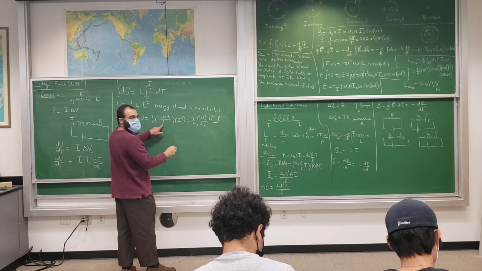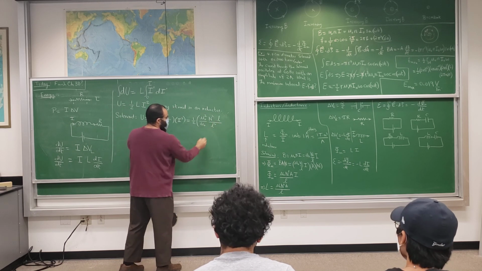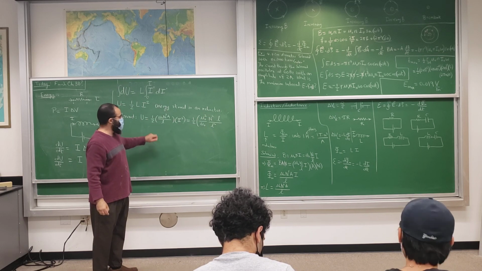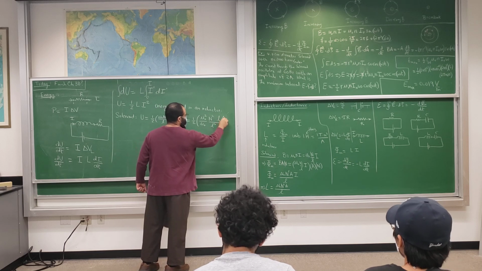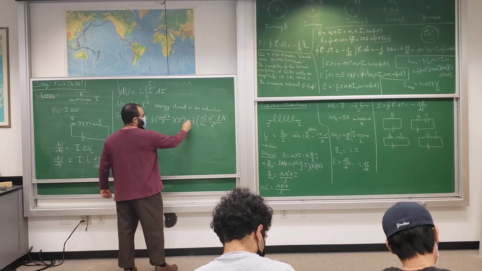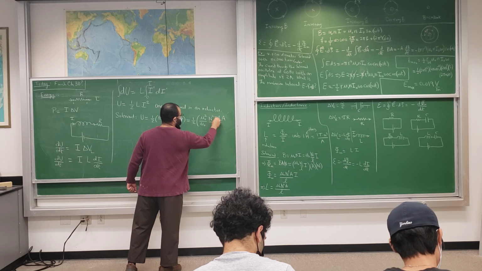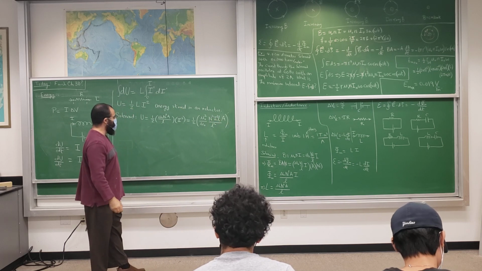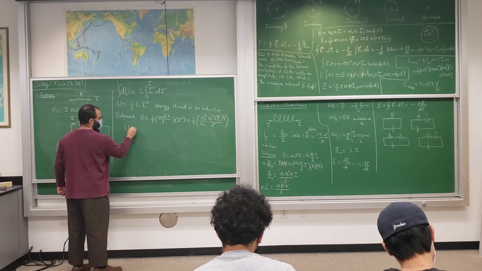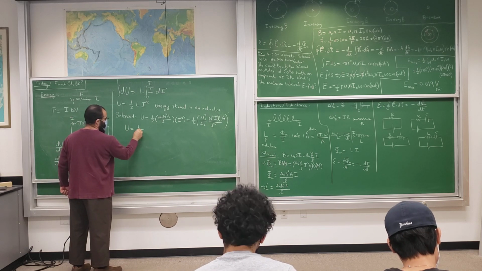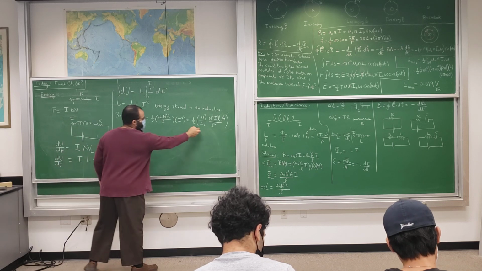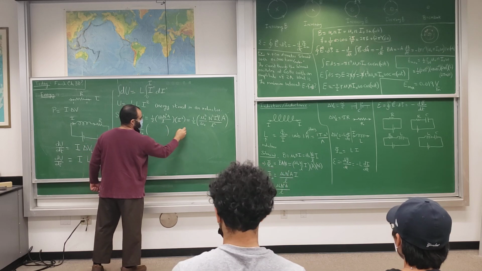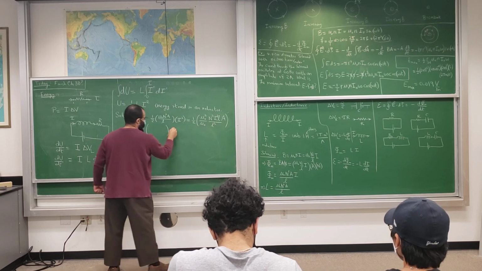So what happens to this L? This becomes L squared, right? Because L over L squared is still 1 over L. The area, we're going to leave alone. And then I have the current squared, I'm going to put it there. So here's what I have. U is equal to 1 over 2 mu naught. Let me put the 1 over 2 mu naught here. And then the area times length, I'm going to put it here.